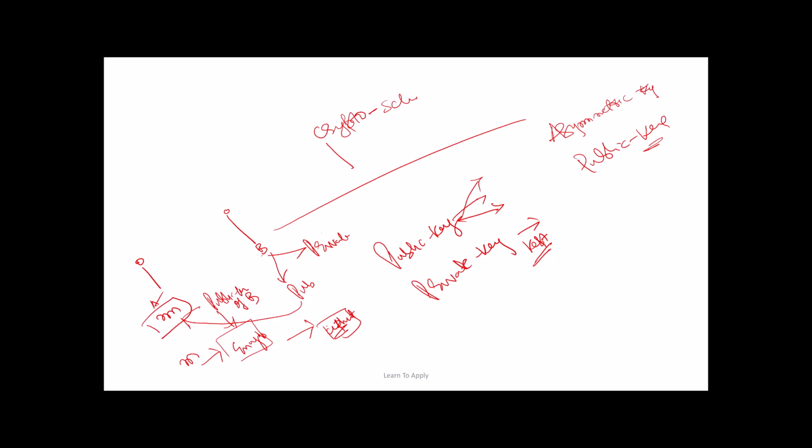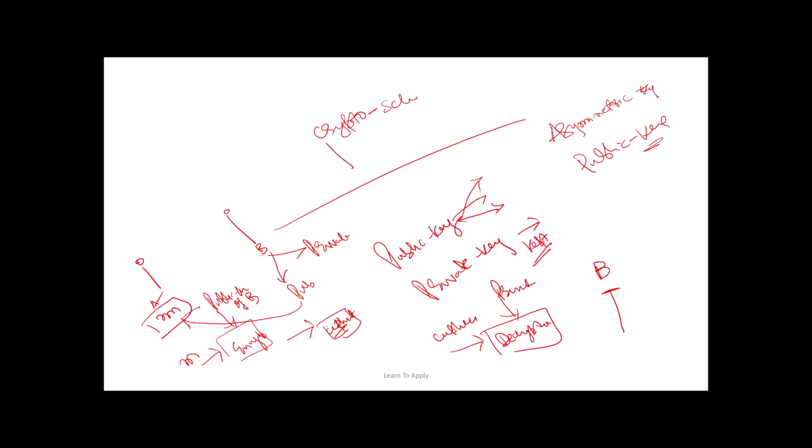Now this ciphertext goes to receiver B. B will use decryption, and which key will he use? He has to use his own private key, along with the ciphertext that he receives.